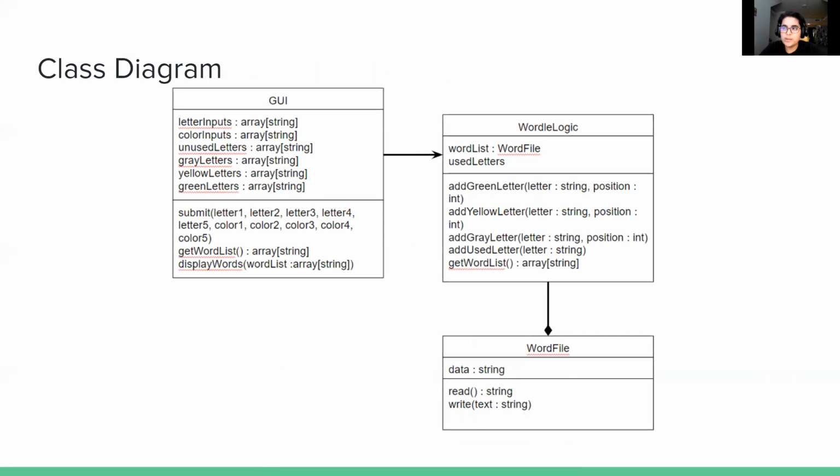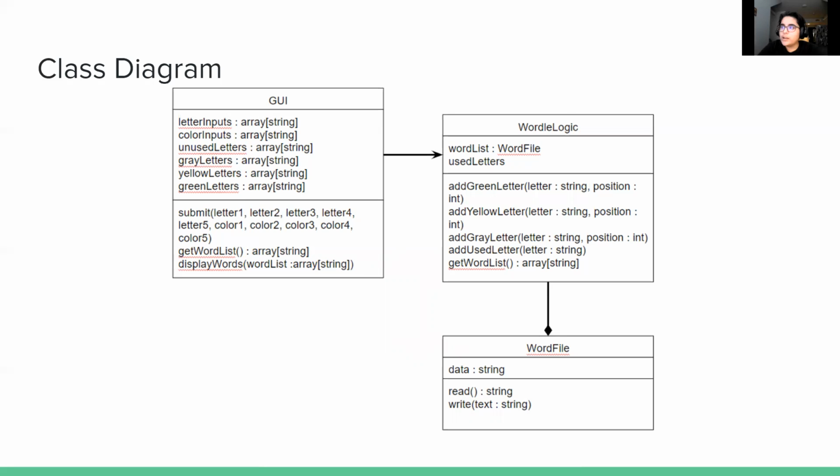You have the GUI, which contains your letter inputs and color inputs, as well as some display information such as the unused letters, gray, yellow, and green letters. There are 3 functions that you can call from the GUI: submit with your associated colors, get word list, and display words. This interacts with Wordle logic.